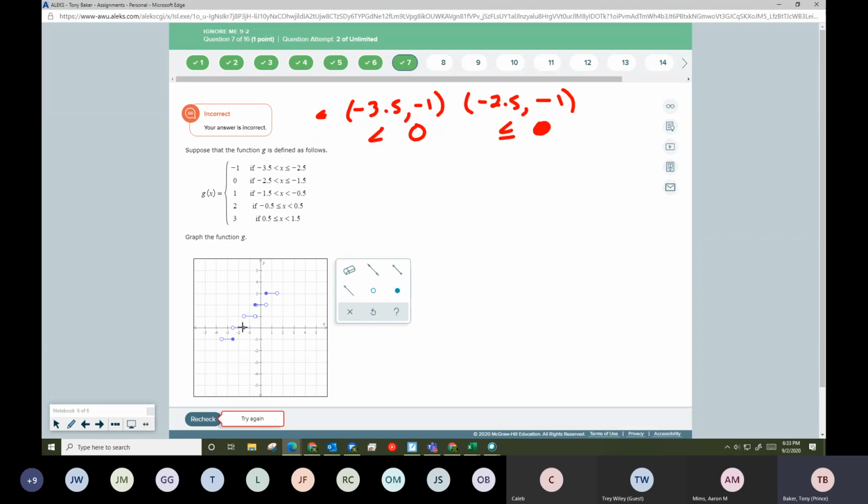Open, closed, open, closed, open, open, closed, open, closed, open. Maybe 3.5, 2.5. I'm just trying to figure out where I made the mistake now. Okay, 1.5. -1, 0.